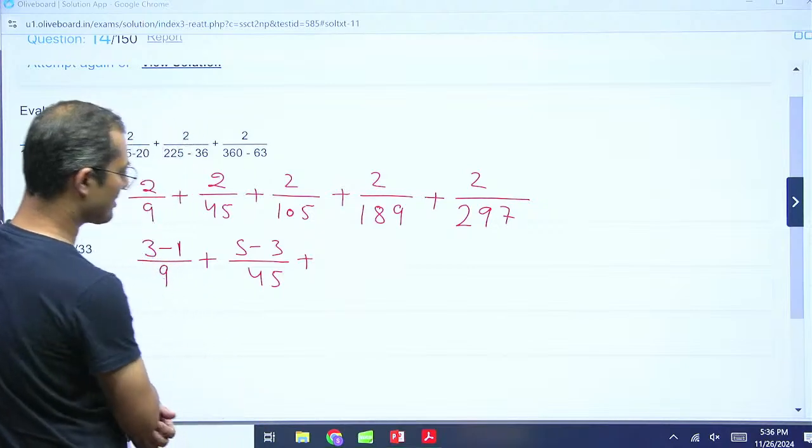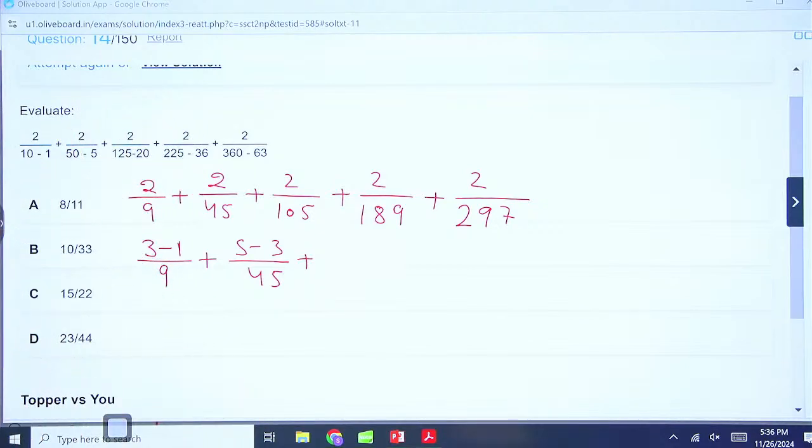Or we can write this like, just think how we can break it.